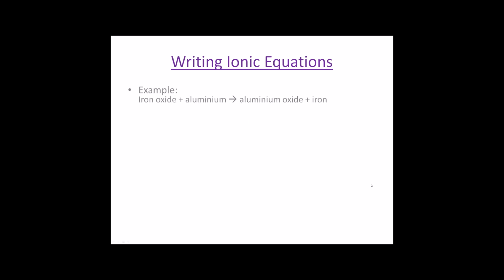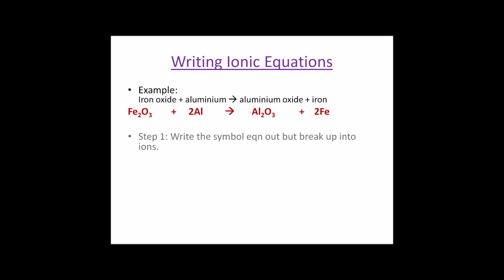Another example, going back to our thermal reaction between iron oxide and aluminium to make aluminium oxide and iron. We get our equation written out again like it was earlier on in the last lesson. Fe2O3 plus 2Al makes Al2O3 plus 2Fe. So we're going to write out that simple equation, but we're going to break it up into our ions.